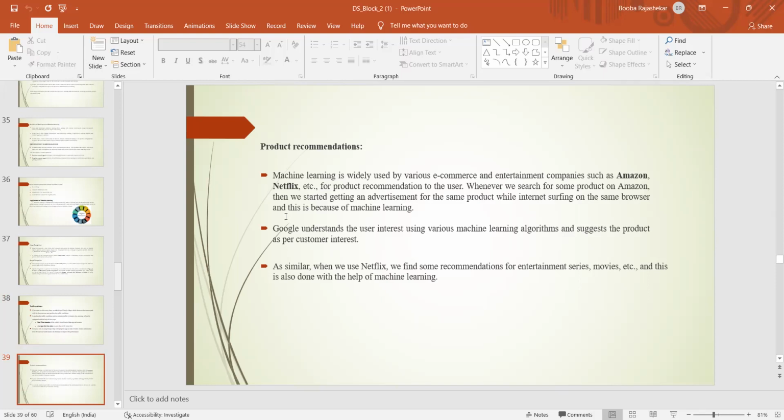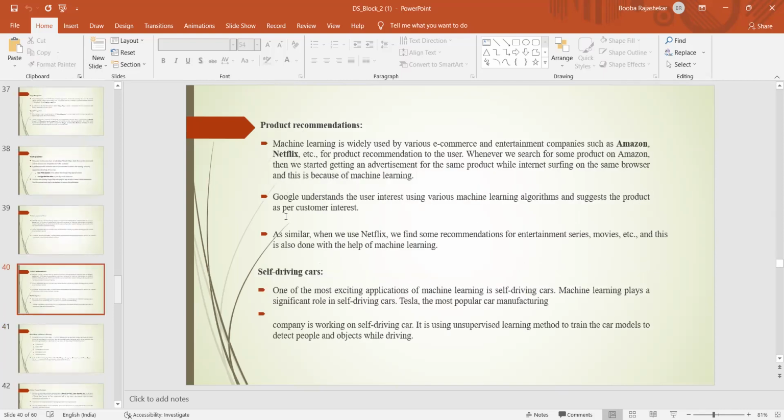Another one, Google understands the user's internet use with various machine learning algorithms and suggests products as per the customer interest. Similarly, on Netflix, we find recommendations for entertainment series, movies, etc. And this is done with the help of machine learning techniques.